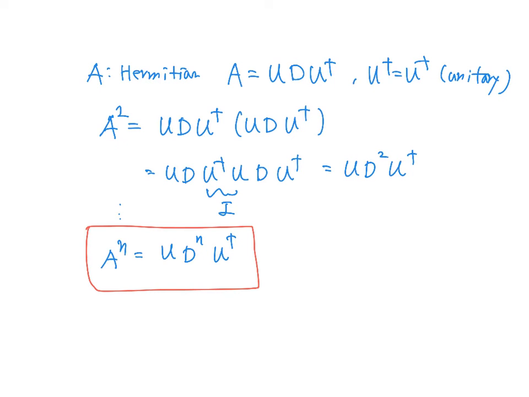So if I ask to calculate, for example, I can give you A as 1, 1, 0, 1, 0, 1, 0, 1, 1. And I can ask, okay, A to the 10. Then simply just multiply this U. Minus 1 to the 10 is 1, right? 1, 1, 2 to the 10.